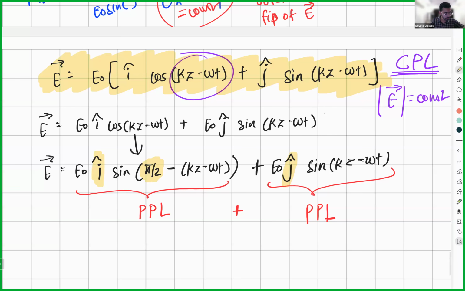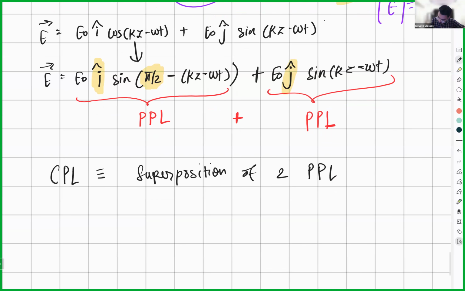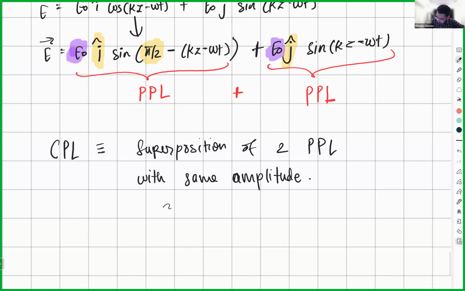So I can say that circularly polarized light is nothing but a superposition of two plane polarized lights with the same amplitude, because both have the amplitude E naught, remember, and a phase difference of pi by 2.